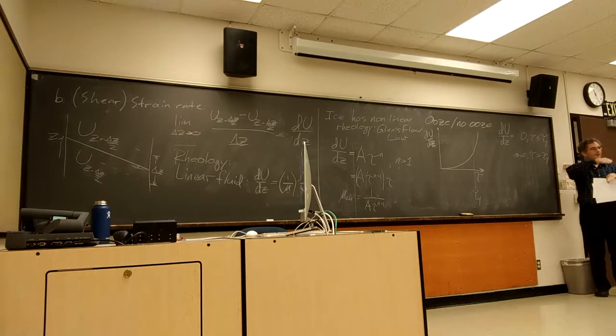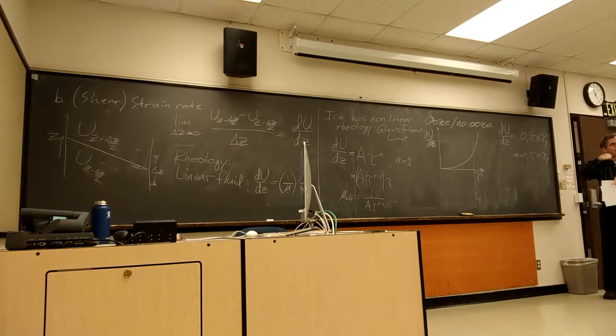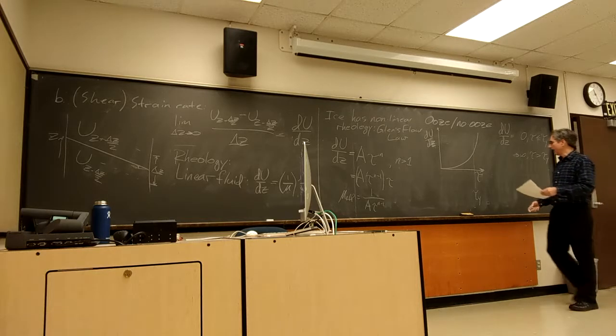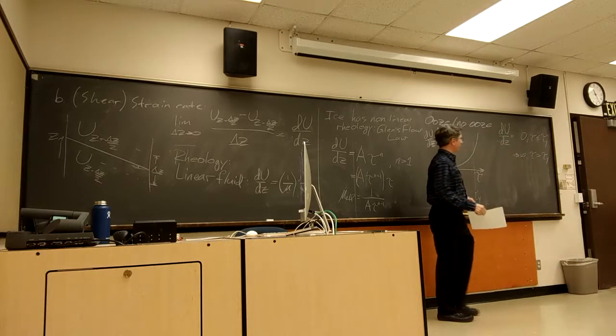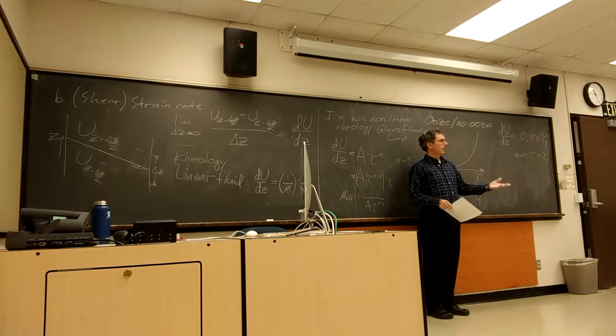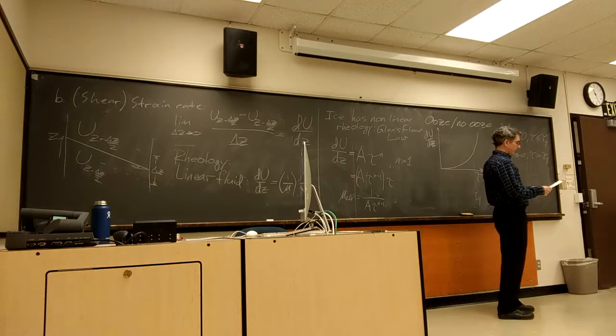So what that means is that the ice thickness is going to hover right around where the shear stress equals this yield strength. And that is handy for us if we want to know something about an ice profile.